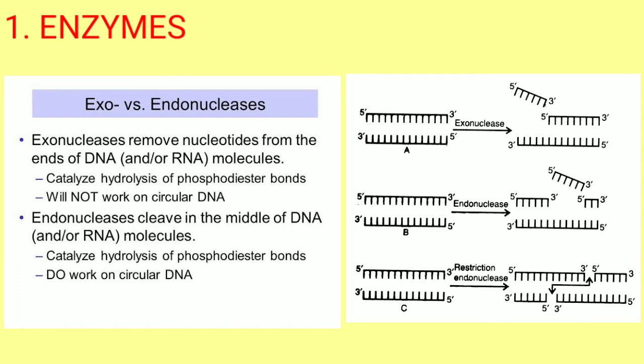Endonucleases can cleave or cut the DNA at any point except the terminal ends. That means they always cut the DNA from the inner part, not from the terminal points, and for that they have two breakages at both the DNA segments.